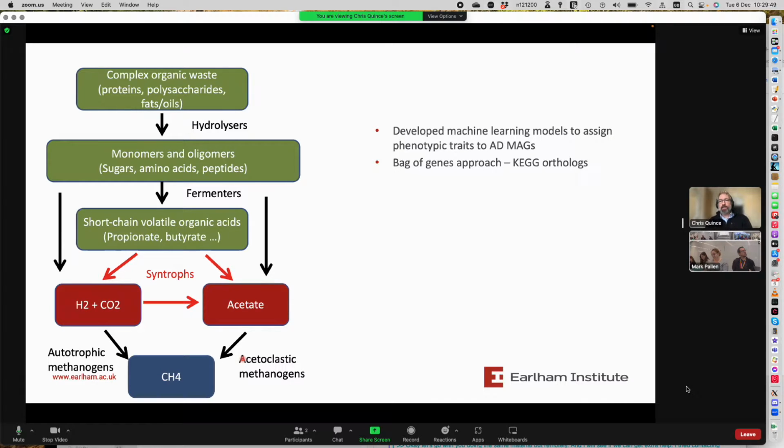As I say, I'll go through this in detail on Thursday, but it's actually quite simple. You sort of treat the genome as a bag of genes. You take a set of genomes with known traits. You build a machine learning model off of that, and that enables you to infer traits for your MAGs.